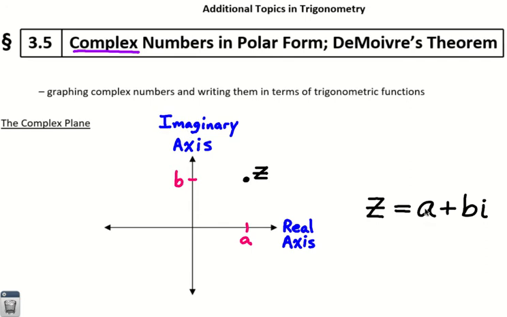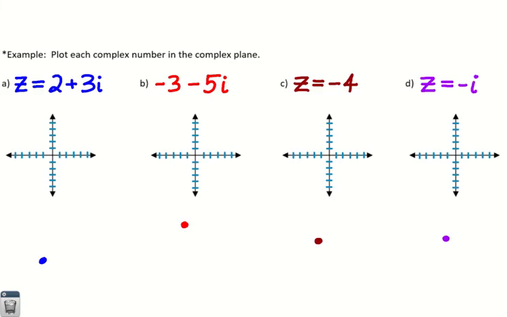And so we take the a value and plot it on the real axis, and then we take the b value and plot it on the imaginary axis, and that would be where we plot our complex number. And we're going to be using the letter z a lot to represent complex numbers. And so let's see how this works.